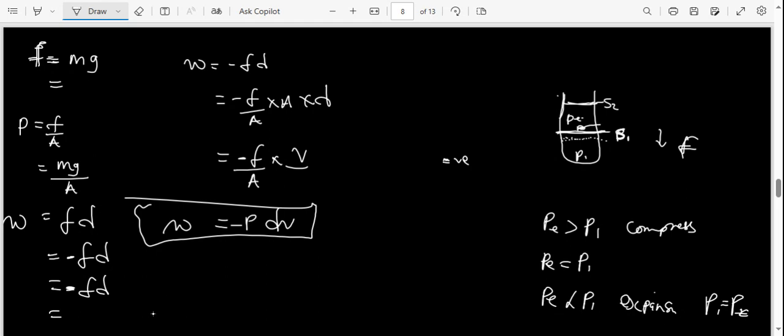Meaning that for a change in external pressure, the pressure that is outside, the pressure that will actually cause this system to compress or expand, this is the pressure in charge, the external pressure.